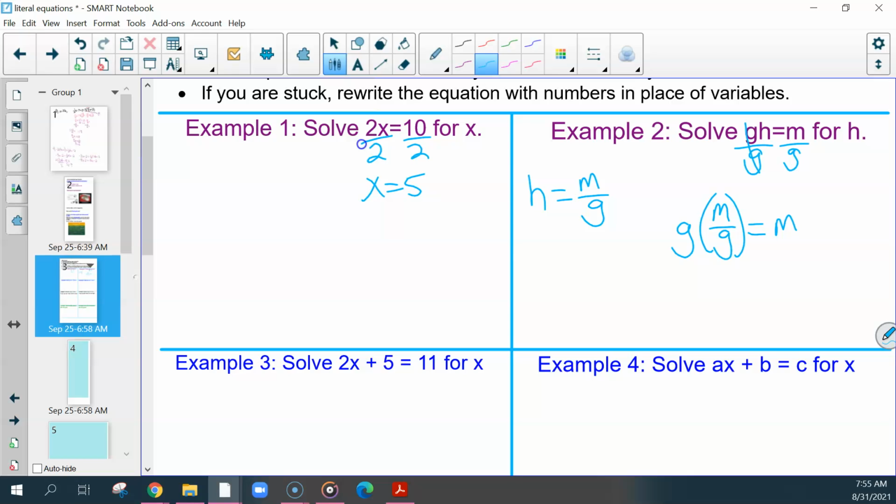Kind of like our true statement. So here, the g's will cancel, leaving just m equals m. Questions on how we did that one or why that works?